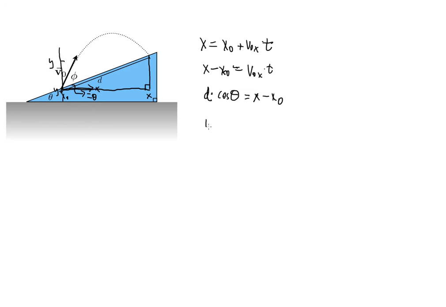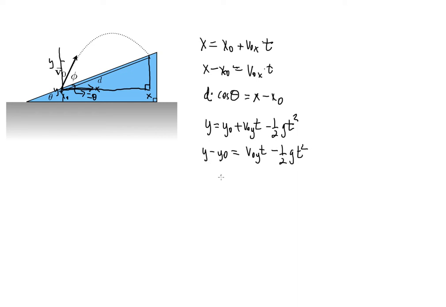So we can say that y is equal to y naught plus v naught y times t minus 1/2 gt squared. Given the projectile motion setup, we're going to push the y naught to the other side. We're going to get y minus y naught is equal to v naught y times t minus 1/2 gt squared.